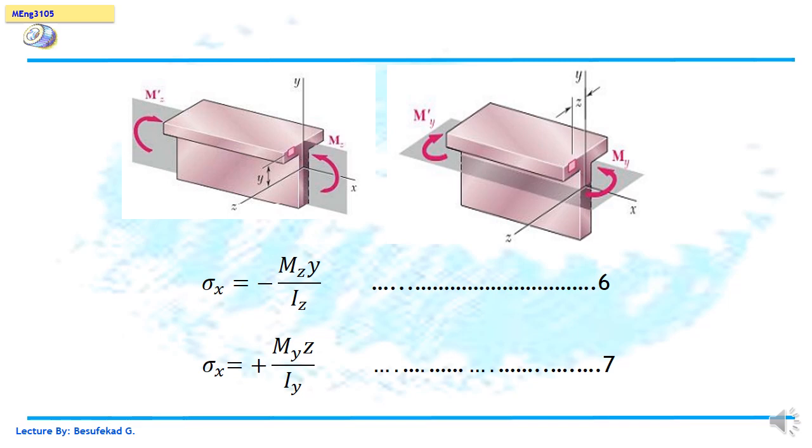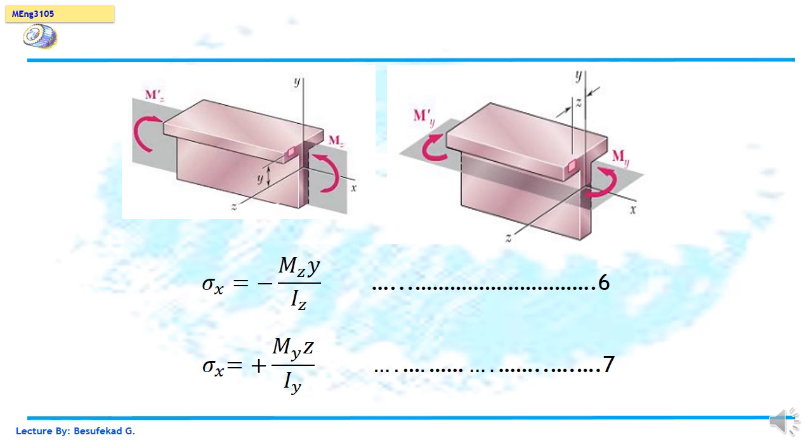So you see this figure. I think this figure tries to demonstrate the same thing, but you can look at it in three dimensions. For example, couple Mz is acting on which plane? It's acting on the XY plane, right? But whenever I put the direction of the couple, it should be normal to the XY plane. So you need to identify two basic things here.